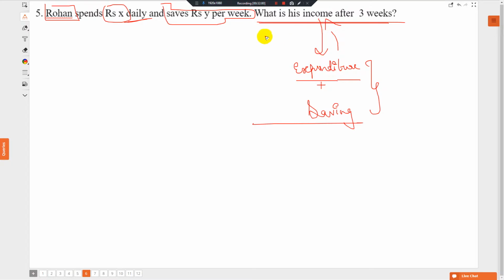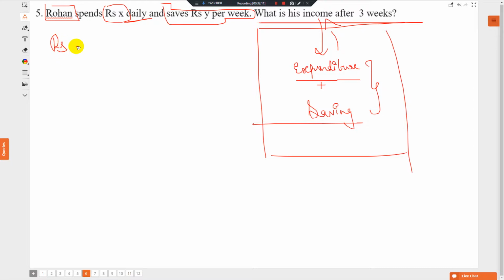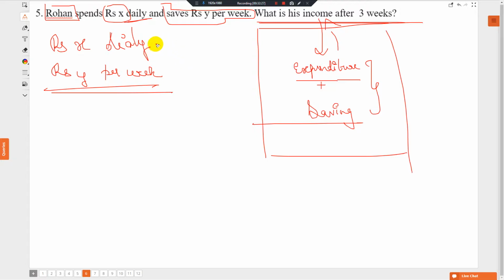Now they have asked about Rohan, right? He spends rupees X daily, but they have also given that he saves rupees Y per week. So how much does he spend in 3 weeks, and how much does he save in 3 weeks?